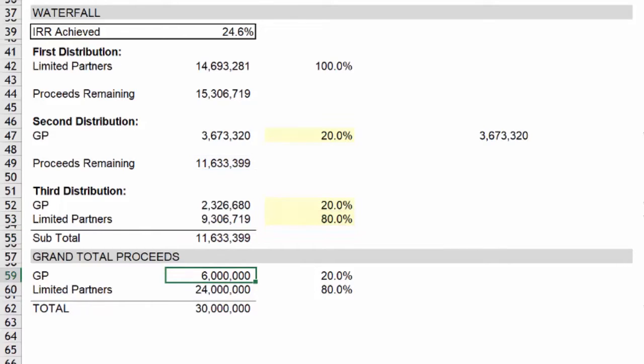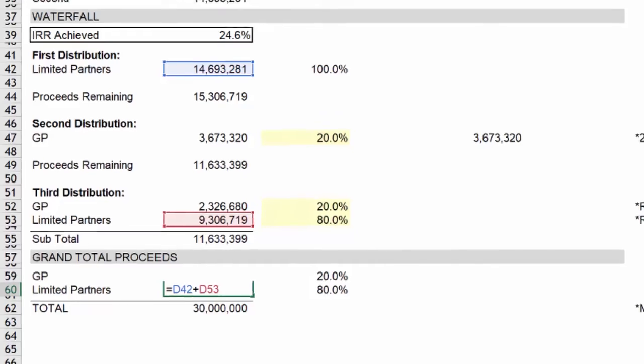And then finally below, under grand total proceeds, we sum the distributions to the GP, including the catch-up and the 20% split after the catch-up, and to the limited partners, which includes the return of principal and the preferred return, and the 80% split after the catch-up.